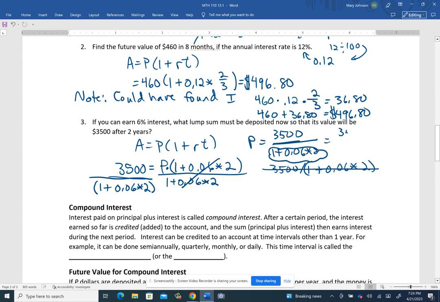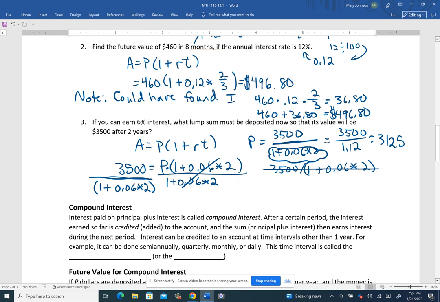So that denominator turns out to be 1.12. Shoot, I don't have my calculator with me. There it is. So 1 plus 0.06 times 2 turns out to be 1.12, no rounding or anything, and then 3,500 divided by 1.12 turns out to be 3,125.